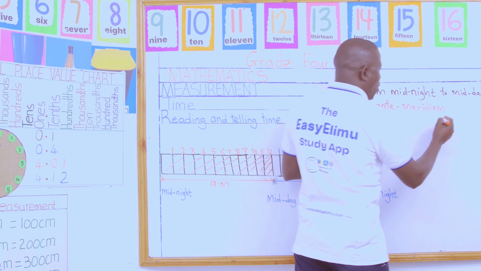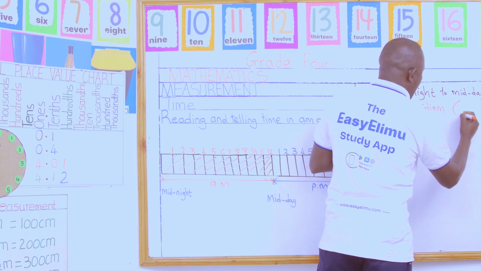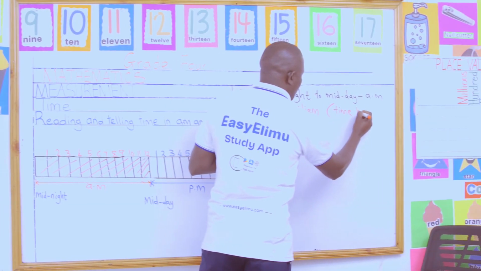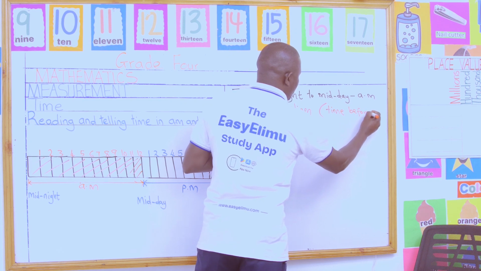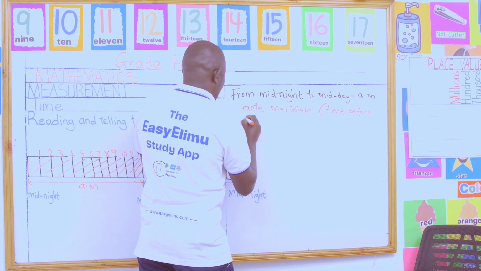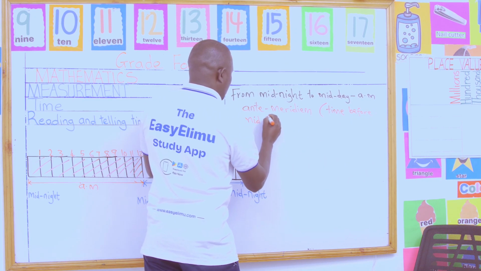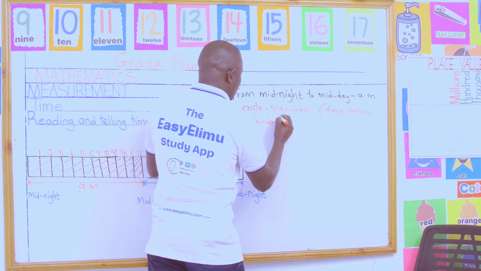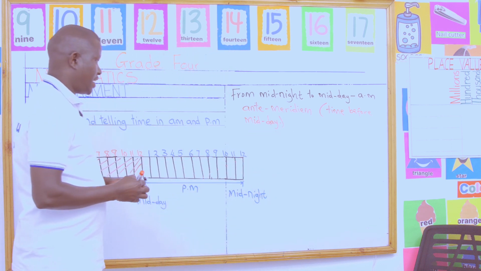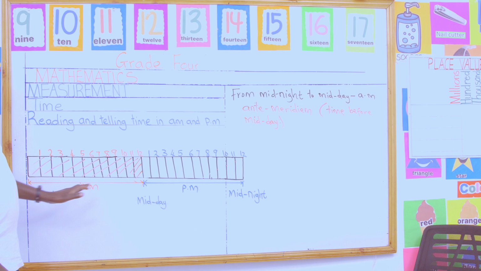This is before midday. It's time before midday. This is the time we call antemeridiem. That is AM, from midnight all the way to midday.